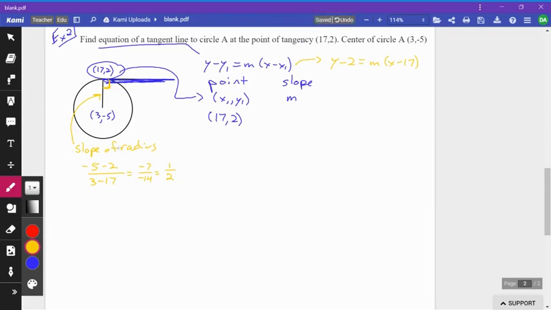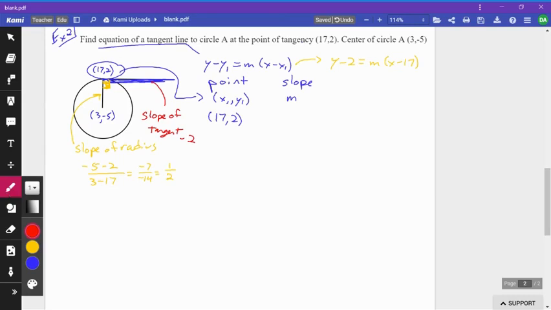That's the slope of the radius. And if it's perpendicular to the tangent line, I know that the slope of the tangent line is going to be the negative reciprocal, or -2. Because -2 is the negative reciprocal of 1/2.